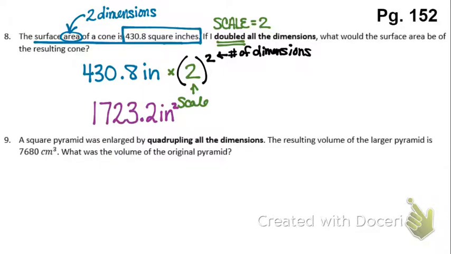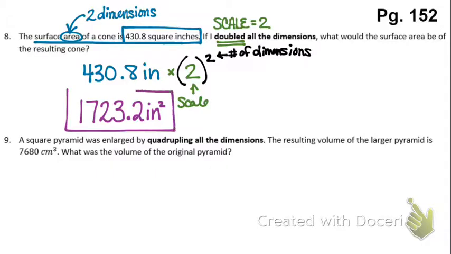Last problem. Read it carefully. A square pyramid was enlarged by quadrupling all the dimensions. What are they telling me right there? Scale is 4. The resulting volume, what are they telling me right there?